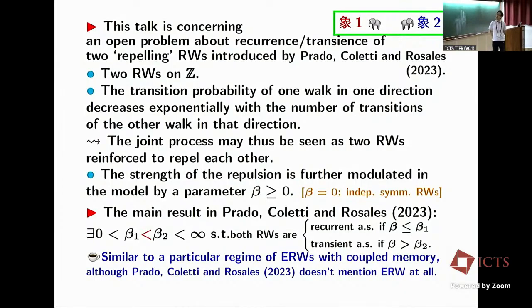And actually, by our analysis, this is indeed quite similar to elephant random walks in some region of beta. I will skip this formal description of the model. I put it just for your reference.